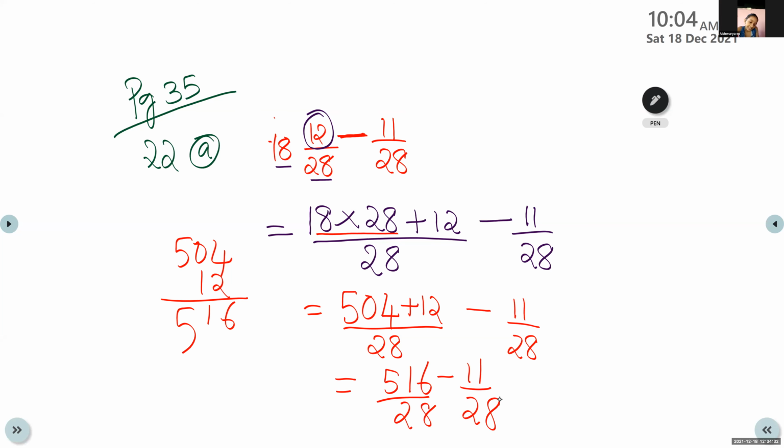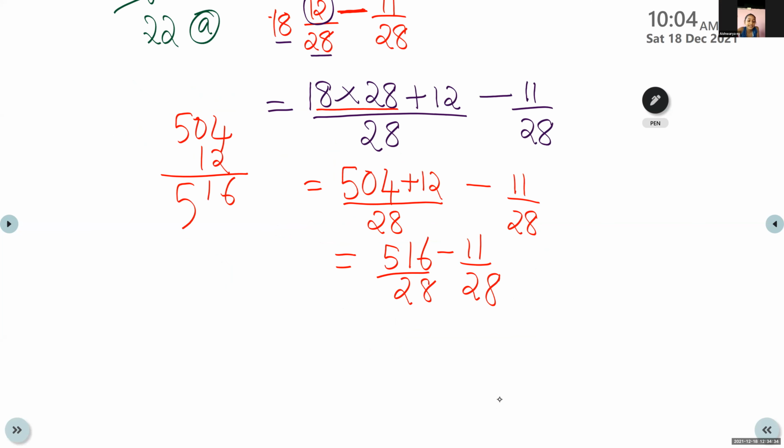Ma'am, 505 by 28. Yes, children, please wait. Find out the answer and please check whether it is correct or wrong. 516 minus 11 by 28. So 516 minus 11.